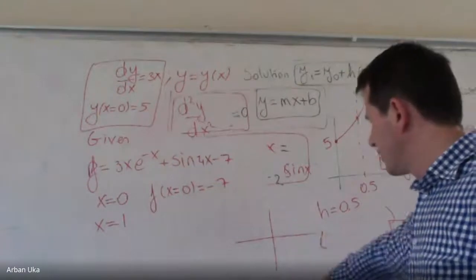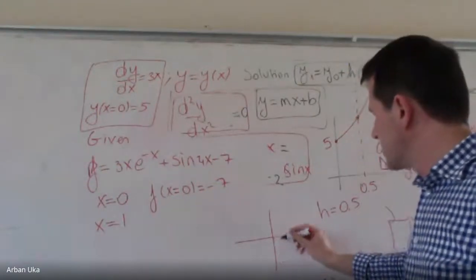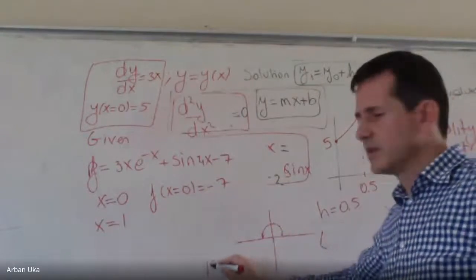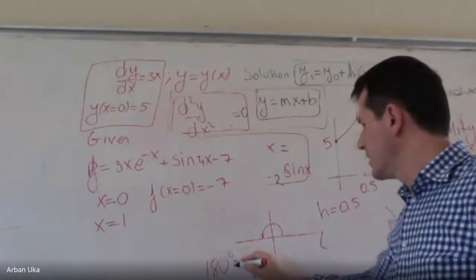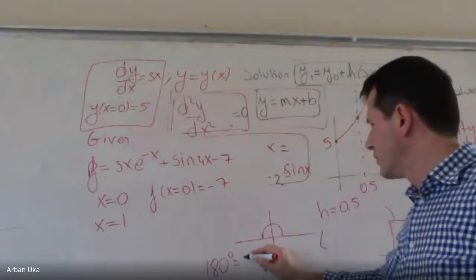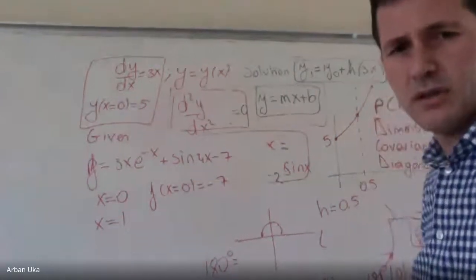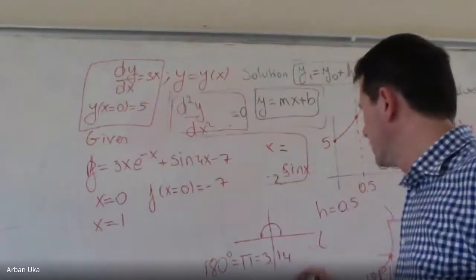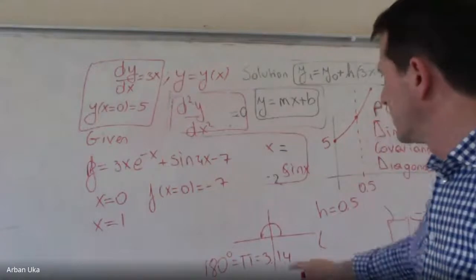I know that 180 degrees is pi, which is 3.14 as a numerical value.